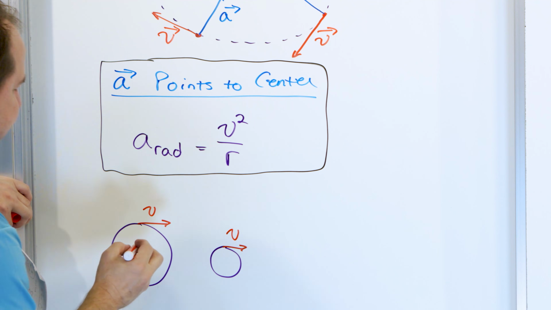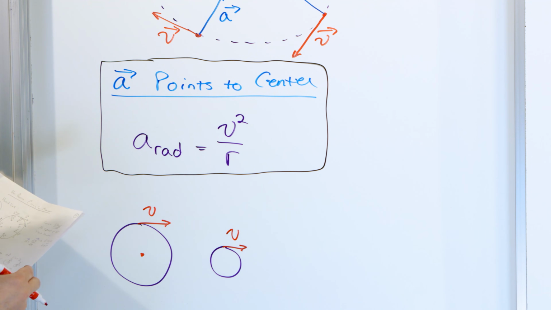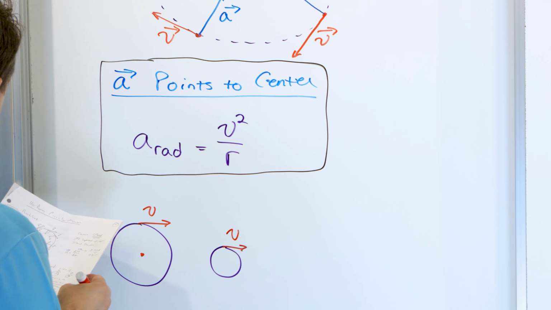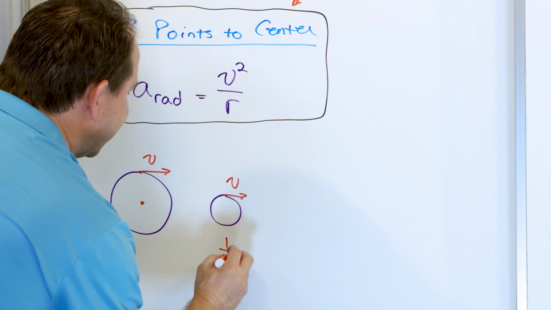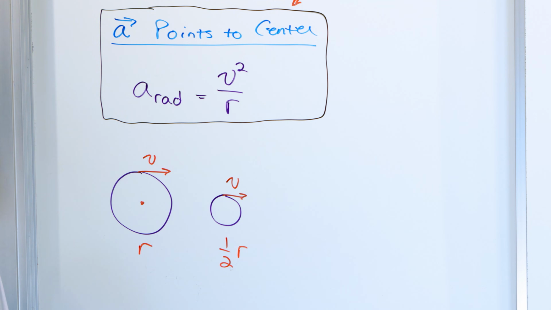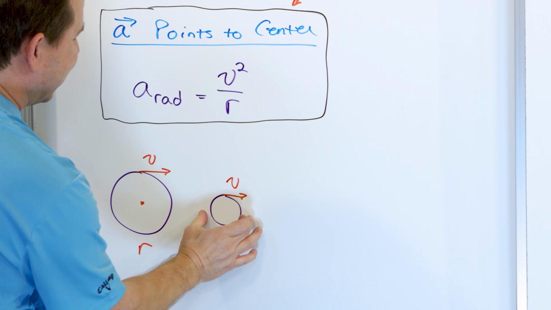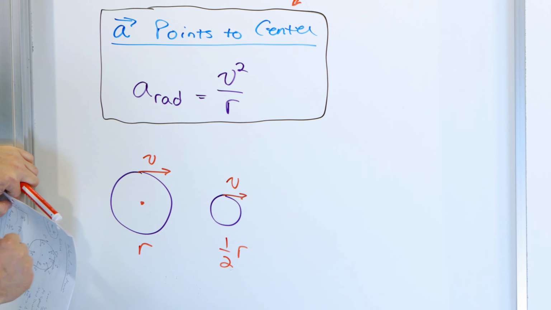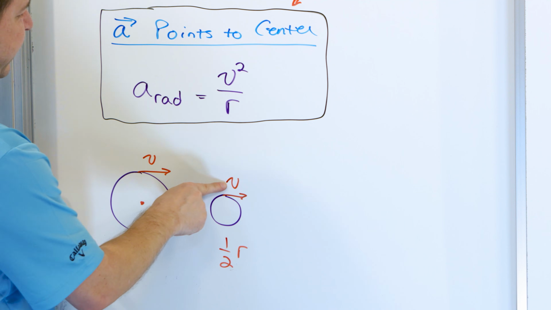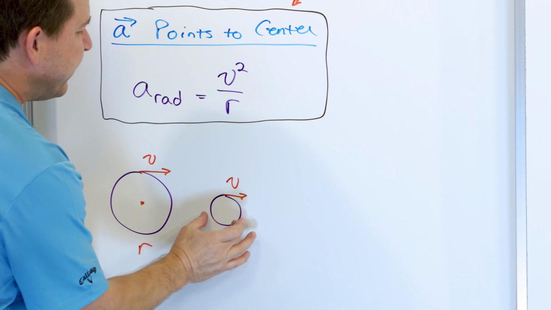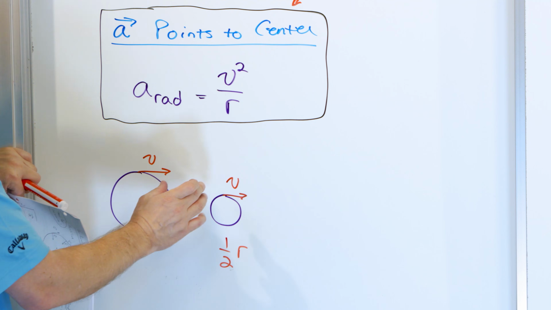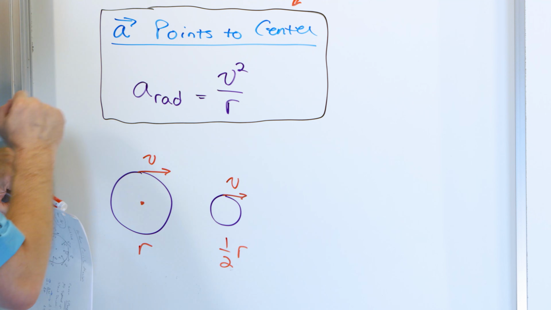Let's say this is 1/2 of the radius, and this is one radius, and this is 1/2 of the radius. So basically this circle is half the diameter of this one. What we're basically saying is if the velocities are the same, you're going to put the same number in the top, but you're going to divide by r. But if r is smaller, then you're dividing by a smaller number, and the acceleration gets bigger.